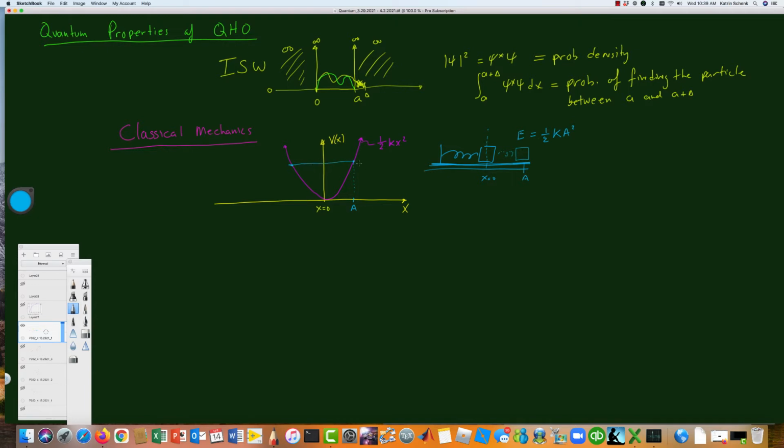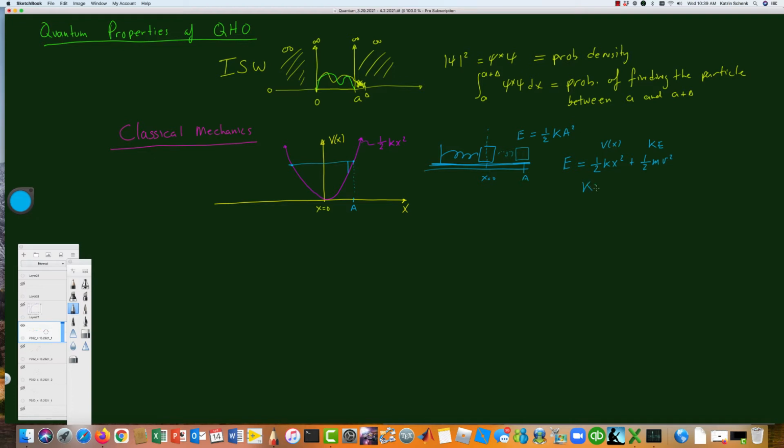Now as the particle starts to go back towards x equals 0, it's going to start off with all potential energy, and then it's gaining kinetic energy. Remember, kinetic energy is the difference between total energy and potential energy, because the total energy is the potential energy plus the kinetic energy. So this is V of x here.